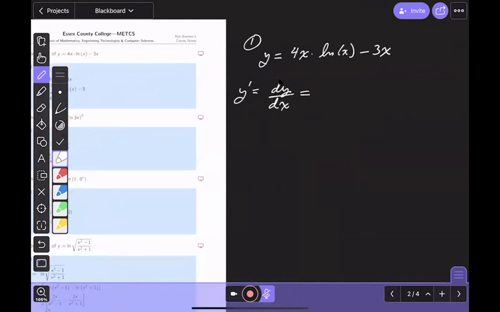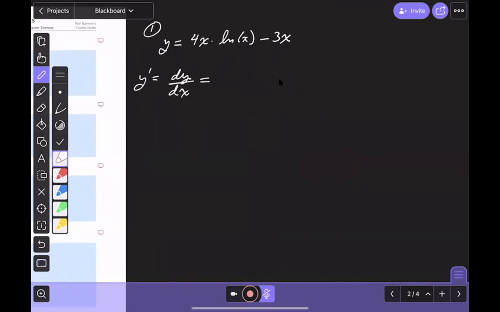I have to use the product rule. So I'm going to say the first function, 4x, times the derivative of natural log of x, which is 1 over x, plus the derivative of the first function. Well, the derivative of 4x is 4, times the second function, which is the natural log of x, minus the derivative of 3x, which is going to be 3. Let's write this down. And again, x is greater than 0.